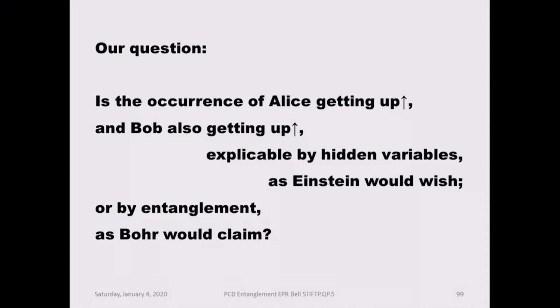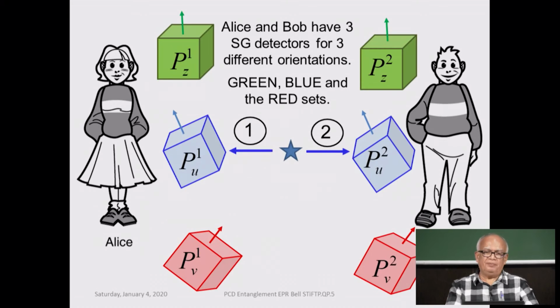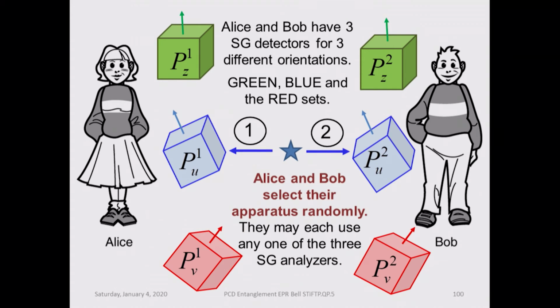Because now with these 3 orientations, you can map it one to one with the 3 color circles, right, and test the Bell's inequalities, right, as Einstein would wish, or it is explicable only by quantum mechanics by entanglement as Niels Bohr claimed. So, that is our strategy. So, these are the 3 orientations, okay, and you can select any orientation, which is why the probabilities come in, okay.